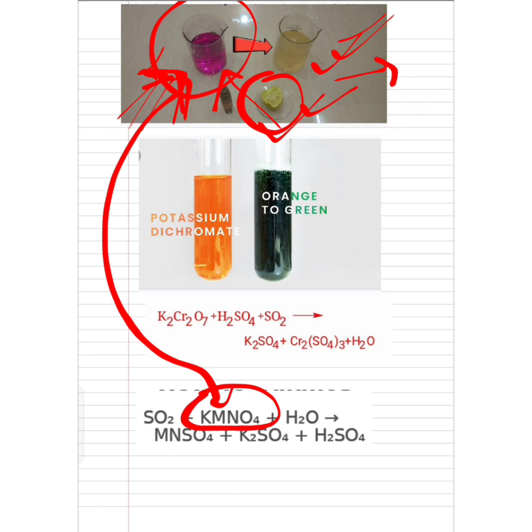Okay. Similarly, if we take potassium dichromate. Potassium dichromate are orange color crystals, solid crystals. When we add into water, it turns orange. This is the formula of potassium dichromate. Now what we are doing?